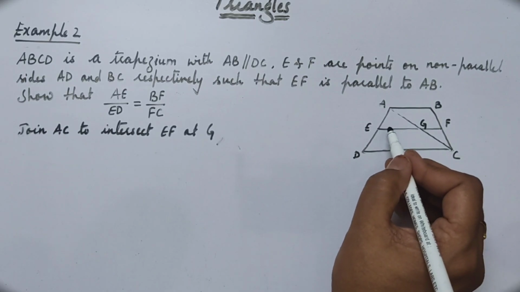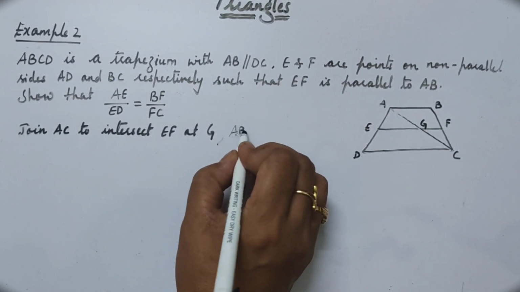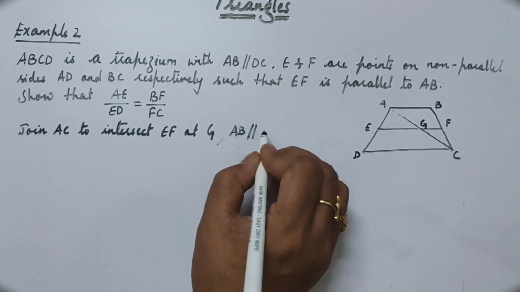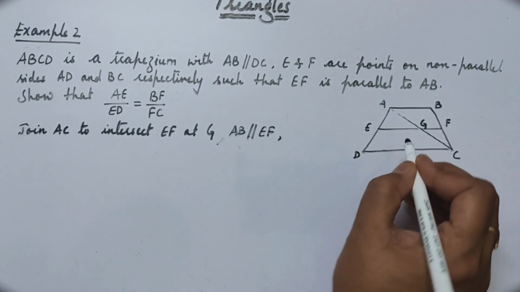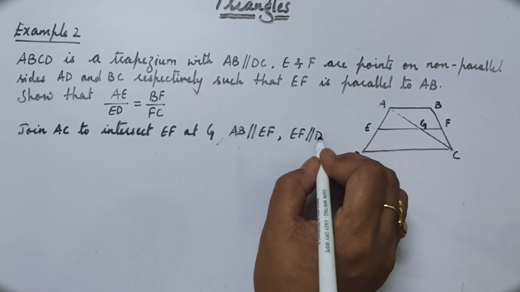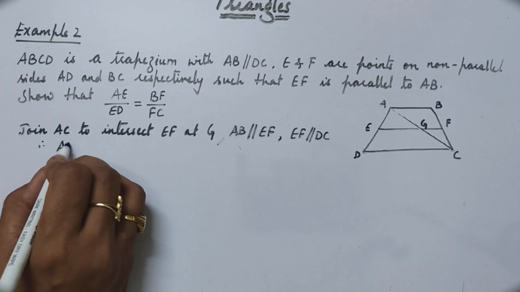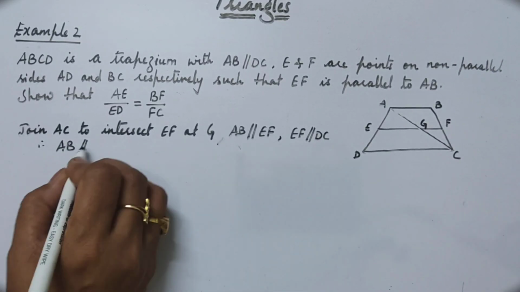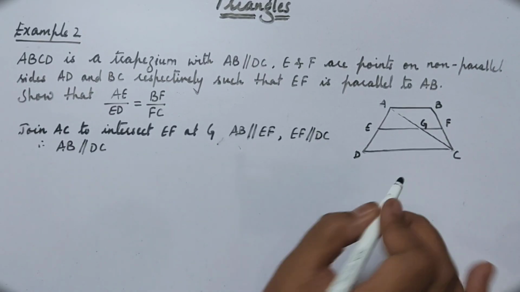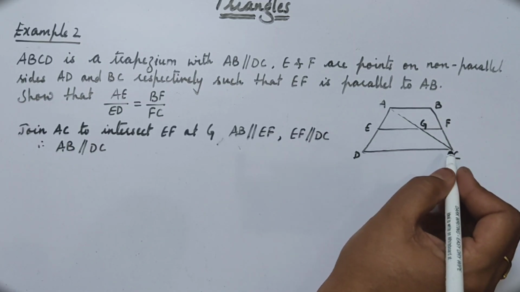Here AB is parallel to EF, and EF is also parallel to DC. Therefore I can say that AB is also parallel to DC. Correct, students?